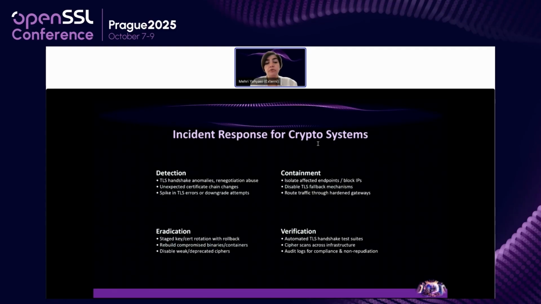The next one is containment: we have to isolate affected nodes and disable fallback mechanisms. The third one is eradication: we have to rotate keys and rebuild affected binaries. And the last one is verification.